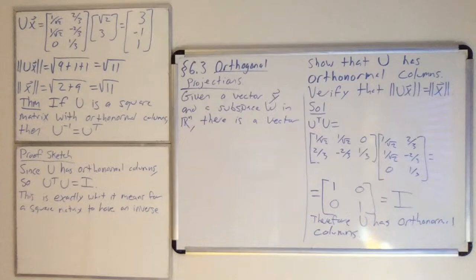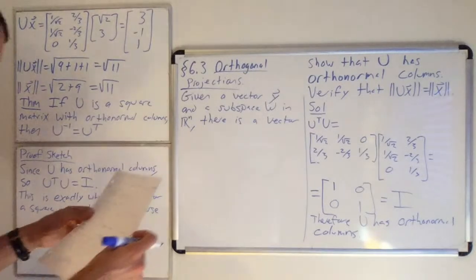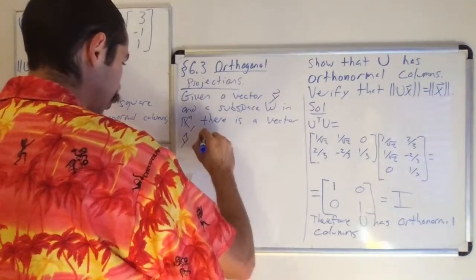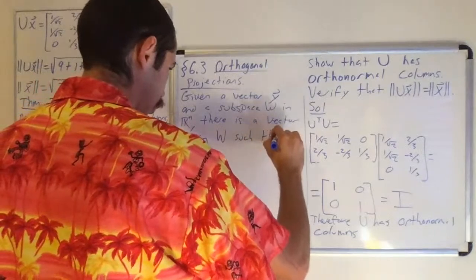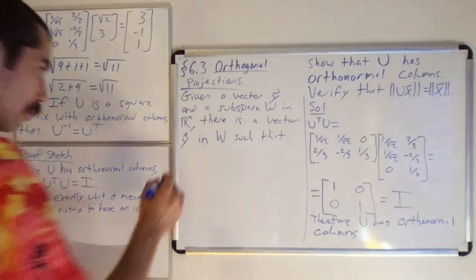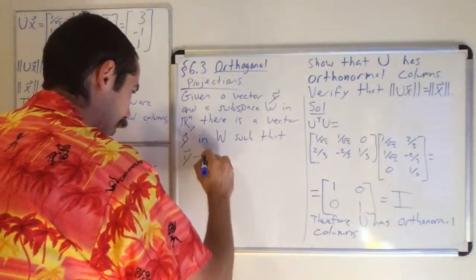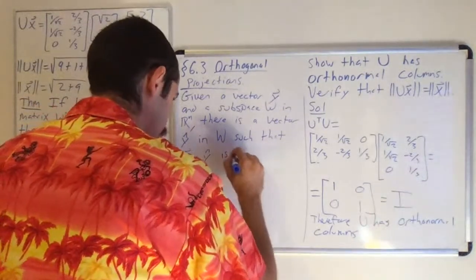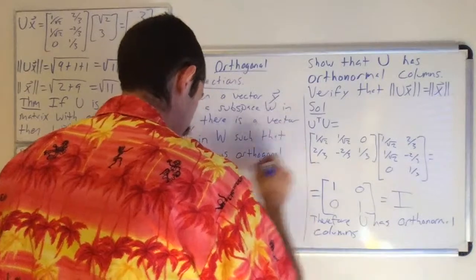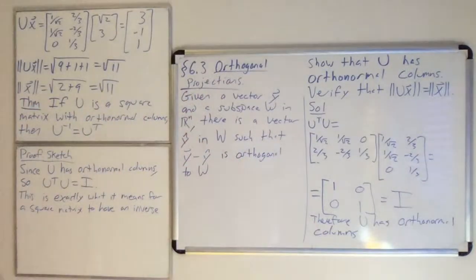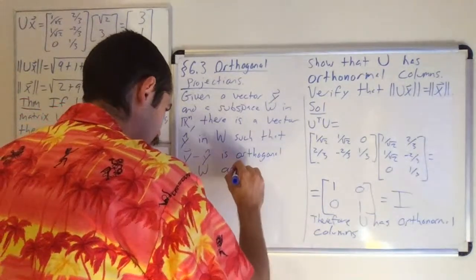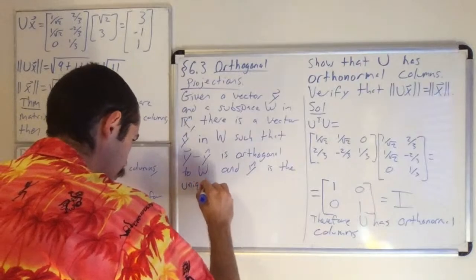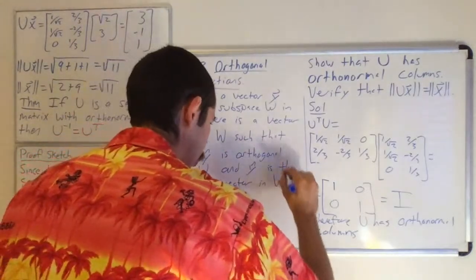So given a vector y and a subspace W in Rn, there is a vector, which we'll call y hat, in W such that y minus y hat, so this should look familiar to what we did last time, is orthogonal to W. And y hat is the unique vector in W that's closest to y.